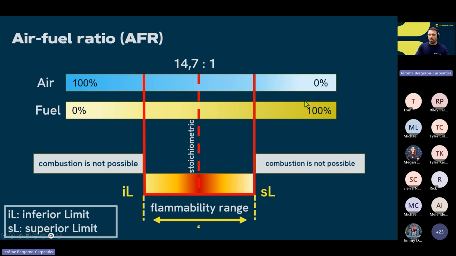So whenever we have too much fuel for the air or too much air for the fuel, the mixture can no longer be lit to create that explosive action that moves our pistons. So our vehicles, computers, and sensors monitor everything and try to stay within that flammability range where we have some action going on inside the engine.